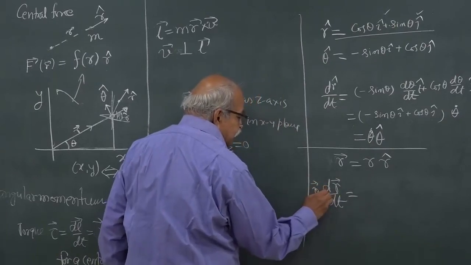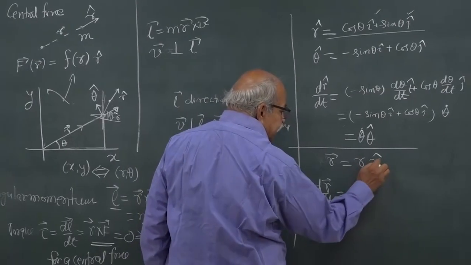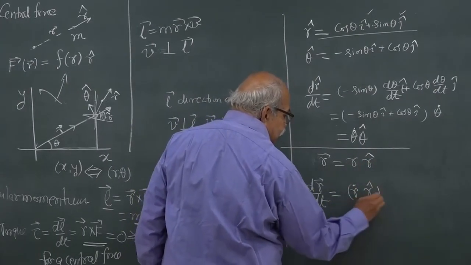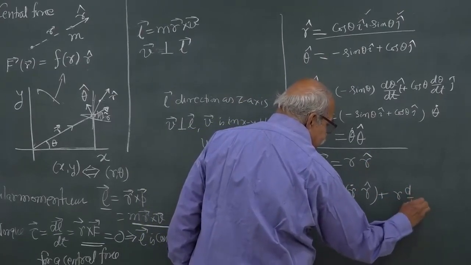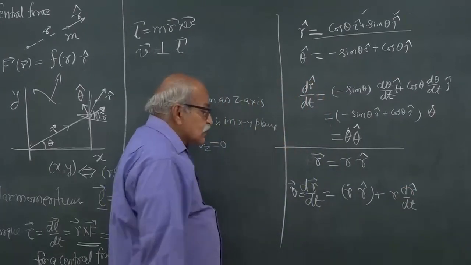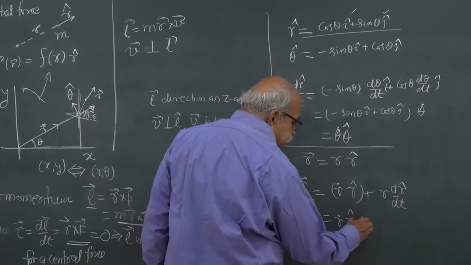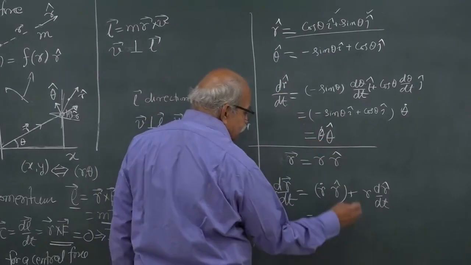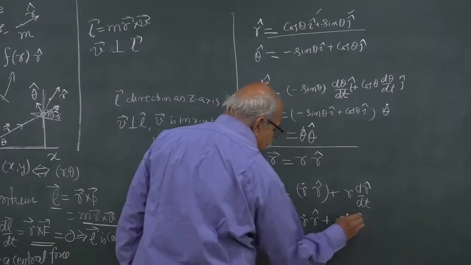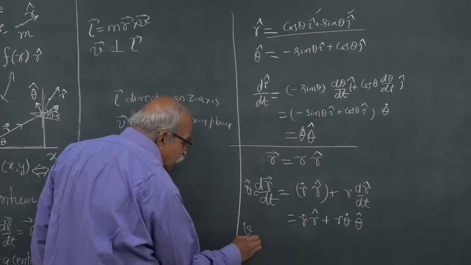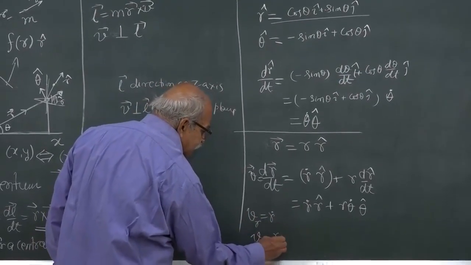Differentiate this, keeping this as constant, then keep this as constant and differentiate this, and that is equal to r dot r cap plus r times dr cap dt, which is right here. So, it is r theta dot theta cap. So, the r component is r dot and the theta component is r theta dot.